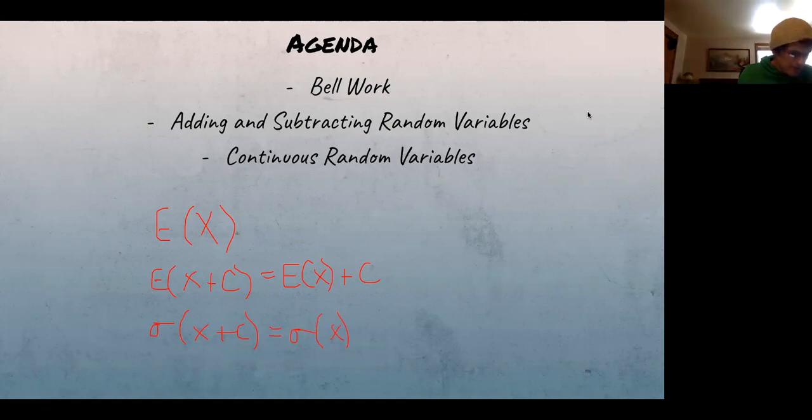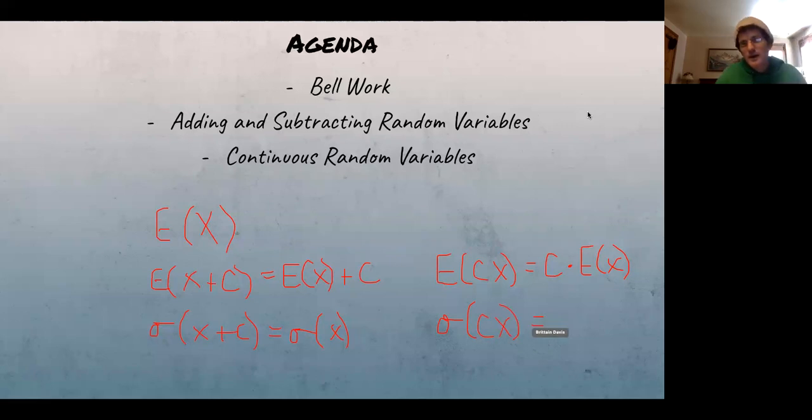Now, if you are multiplying, so the expected value of c times x, that's the same as c times the expected value. And lastly, if you have the standard deviation of a constant multiplied by your random variable, then the standard deviation is going to be c times the standard deviation of x.